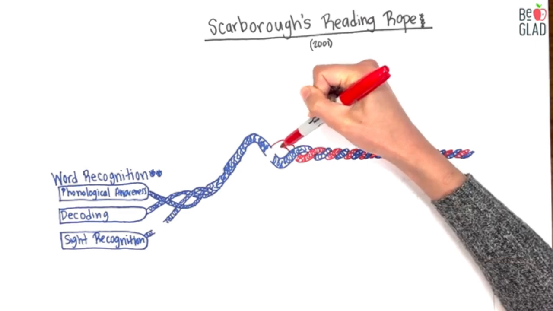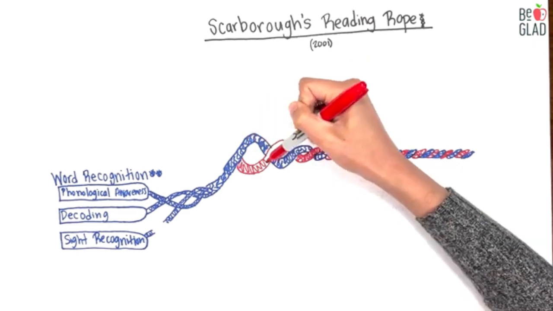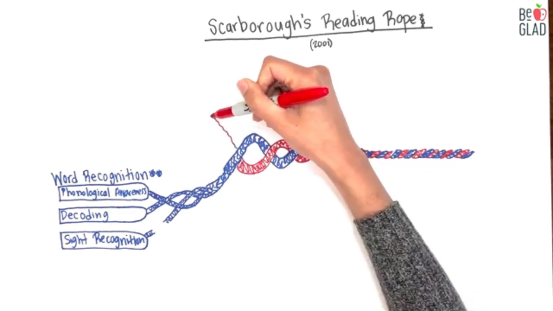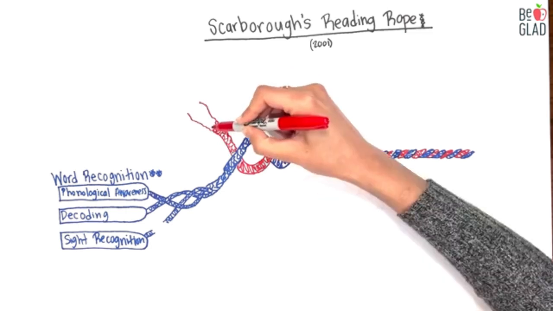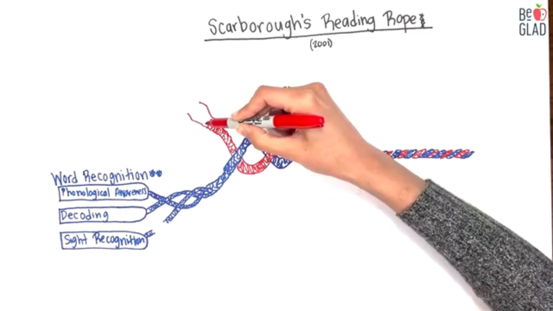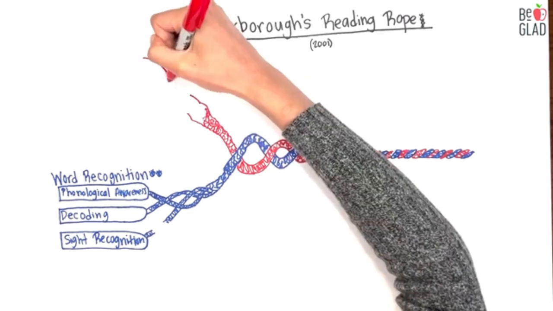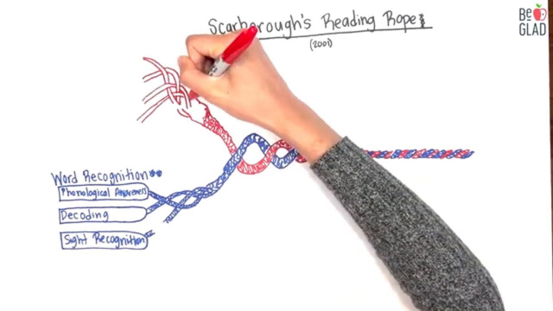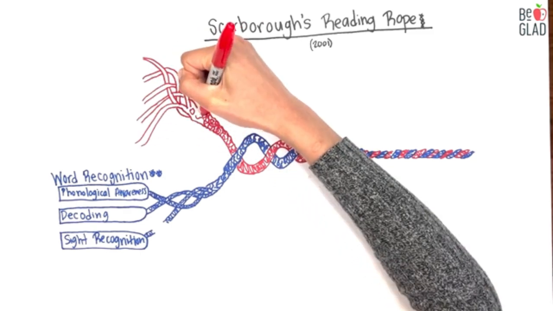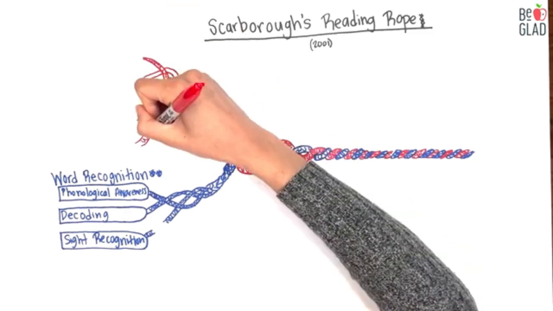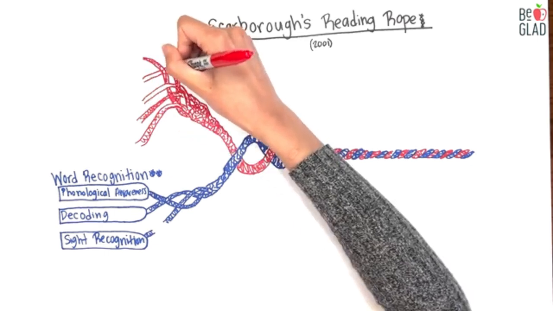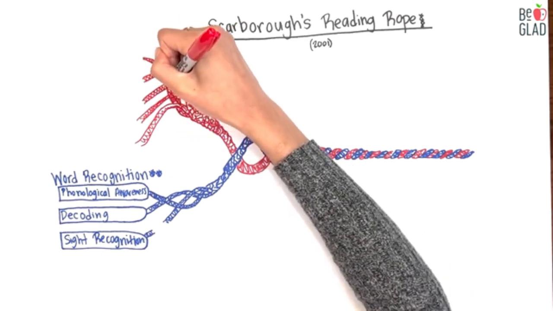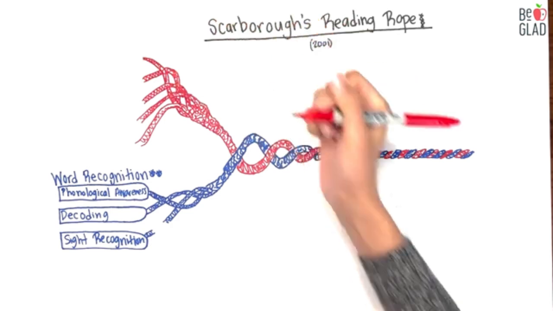The idea with word recognition is that we want students to build automaticity. We want them to be able to see a word and automatically recognize it, not have to spend their cognitive energy breaking down what that word is, whether they do that sound by sound or by chunks. We want them to see a word and know it.